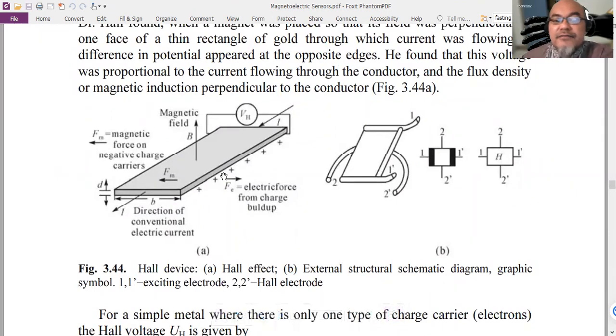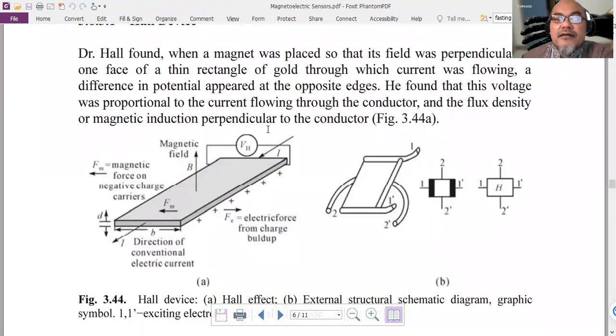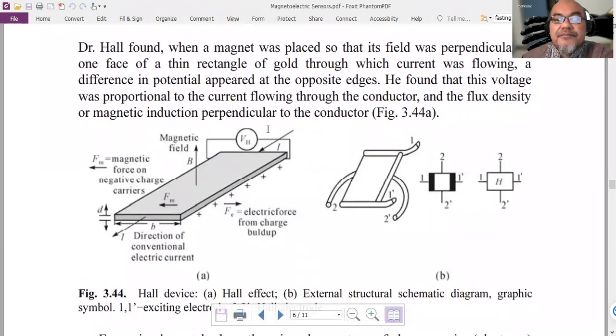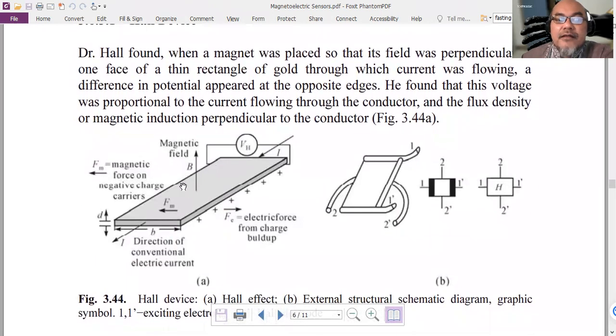When we have a conductor, for example, like this, and it is placed in a magnetic field, the magnet's field is perpendicular to one face of a thin rectangle of gold.